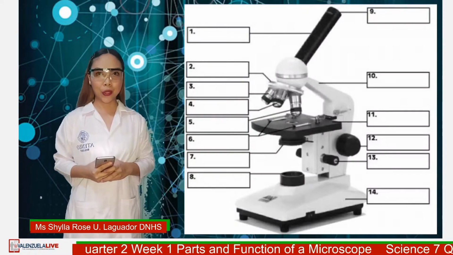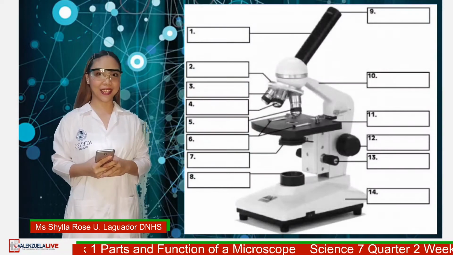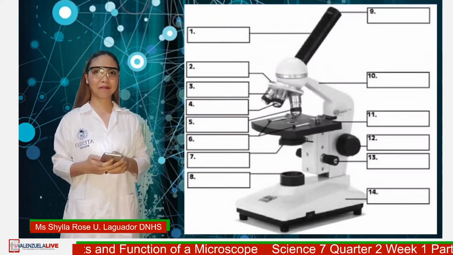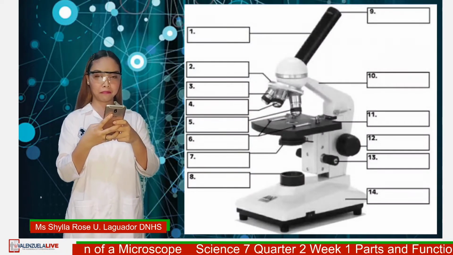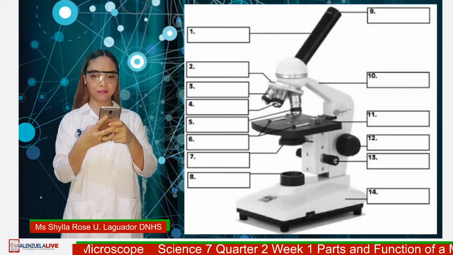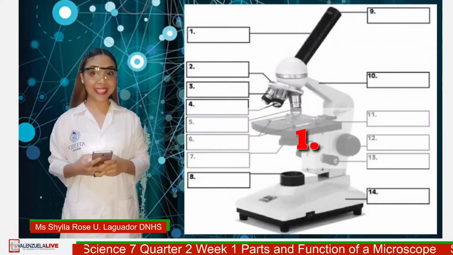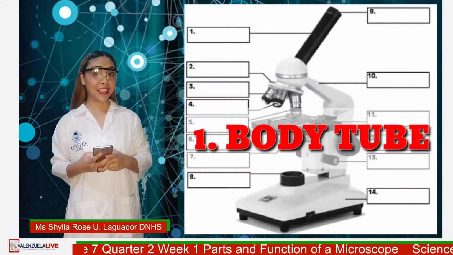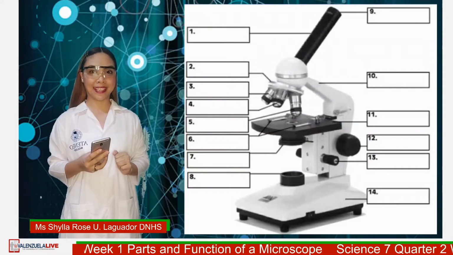Okay, so can you identify number 1? You have 10 seconds to answer this. Alright, so number 1 is body tube. Let's proceed to number 2. Your 10 seconds begins now.